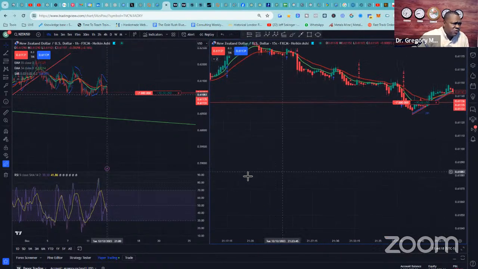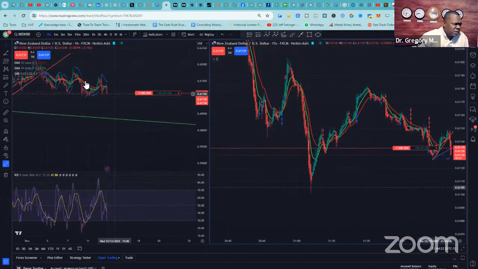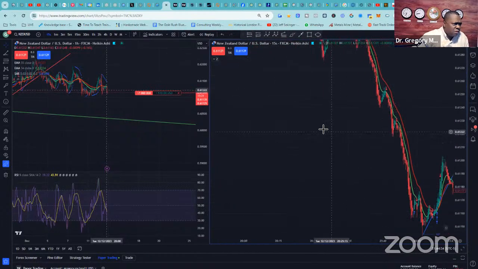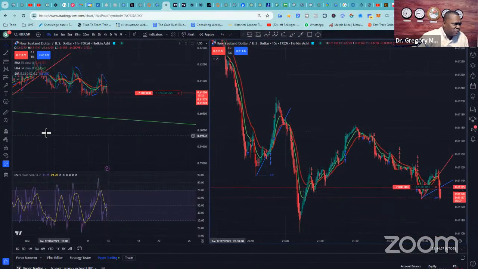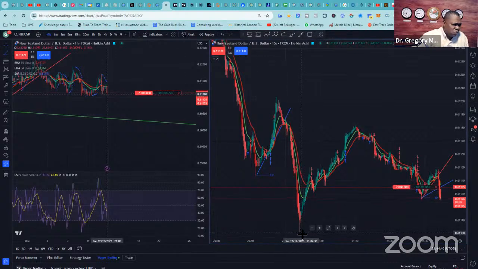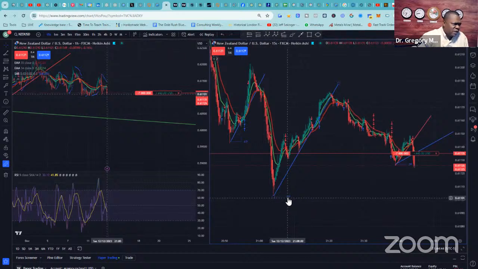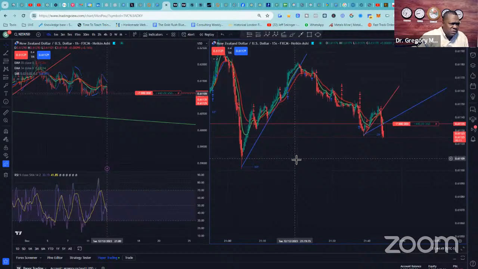Versus if you were to take a trend angle of a bullish move, it's like 60%. Even if we have to go a long way to find a bullish move. Even this move here was probably about 60%. 60% for bullish moves.